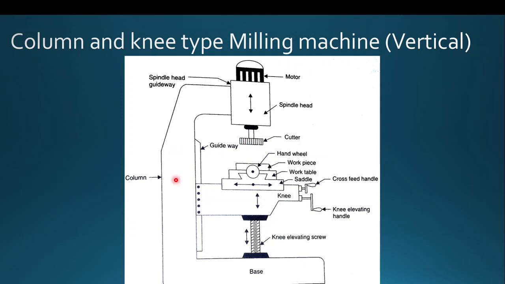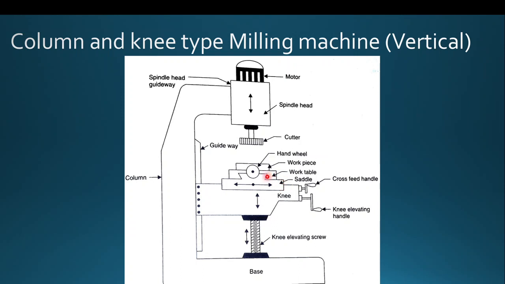Here also the column and base are available. The front side of the column is provided with a vertical guide way in which the knee is meshed and able to slide in vertical direction. And above the knee, usually we have the saddle, which is engaged with the horizontal guide way of the knee, which will facilitate the table to move in horizontal direction.